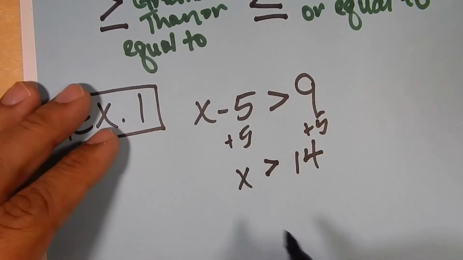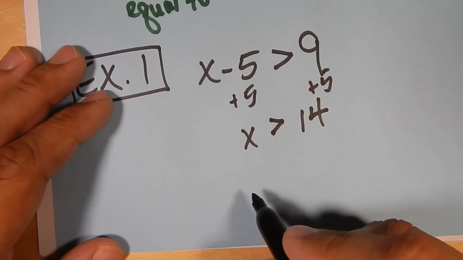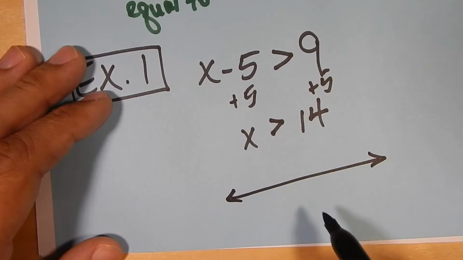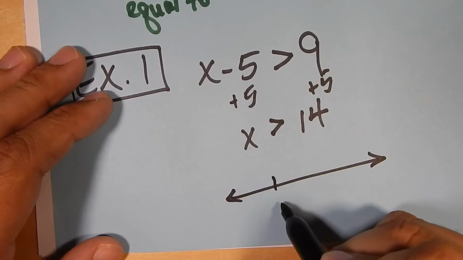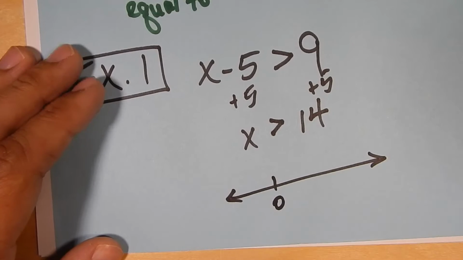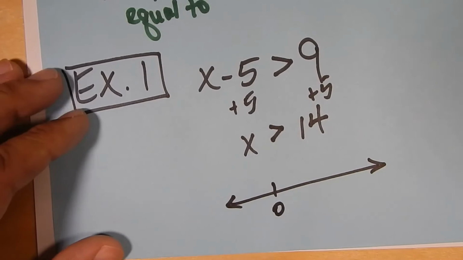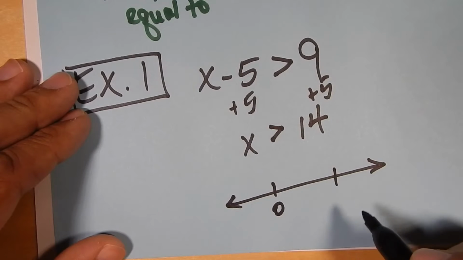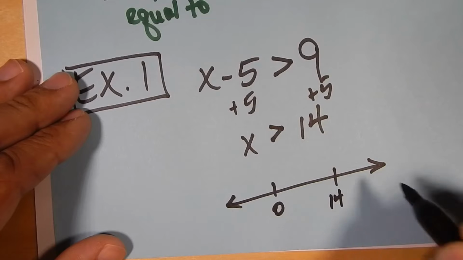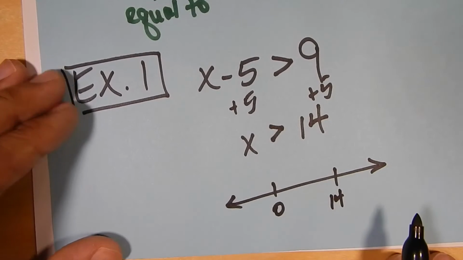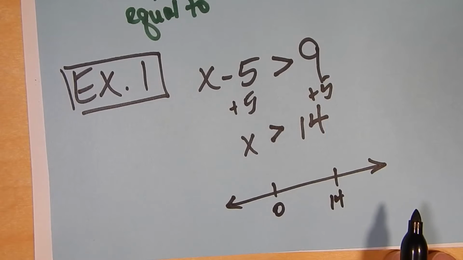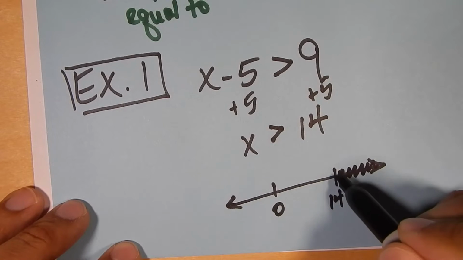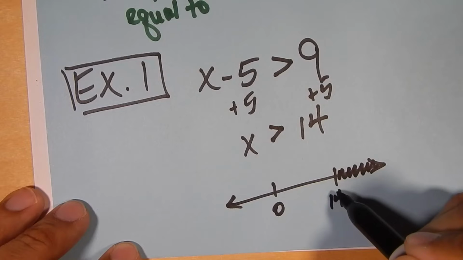So then we have to graph this. I always tell students, if you're graphing an inequality, it needs to have some ingredients. You've got your line. We always want to put 0 somewhere, just so we have a baseline for where we're at. In this case, we've got 14. We'll put it about right there. Now, when we go to graph it, we're thinking of all the numbers greater than, but we're also thinking about 14.